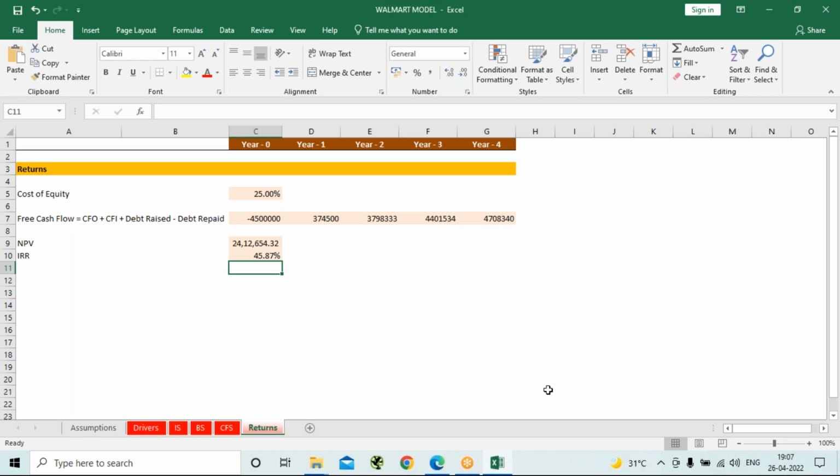Okay, so this is how you can calculate the net present value and the internal rate of return on the given assumptions.